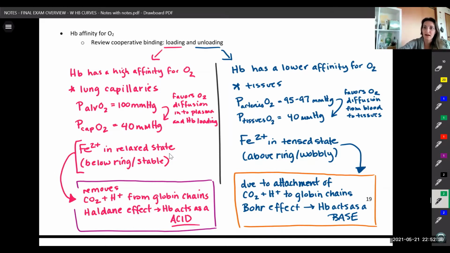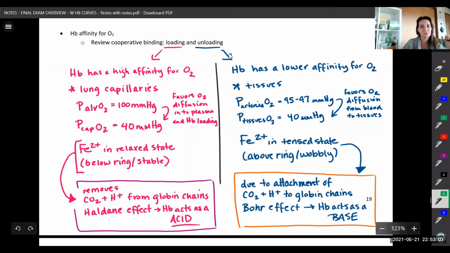It's dissociating hydrogen ions into solution when that CO2 and the hydrogen ions are being removed. So that's sort of the progression of the physical interactions that are happening here during loading of oxygen with the lung capillaries and the pressure differentials that we would see associated with that loading of oxygen.